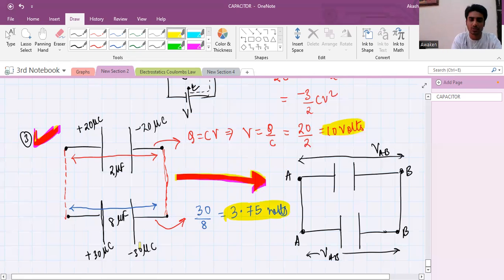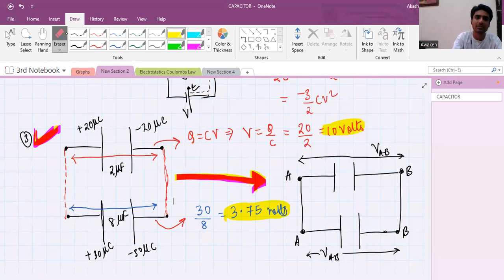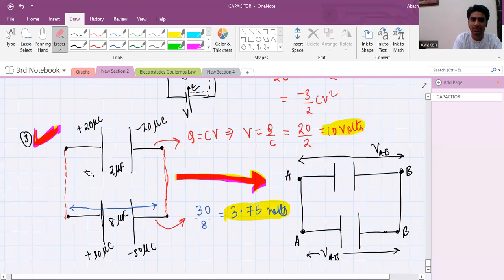So now how will we solve it? What is the charge that has flowed, that we have to find. Try and think of a way to solve it. The question is to find the final charge. This is the initial charges.